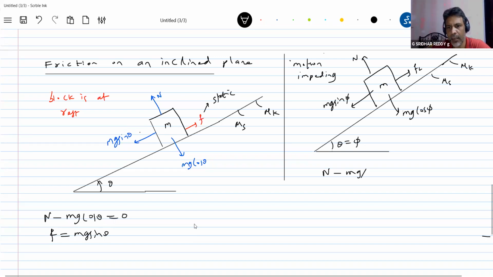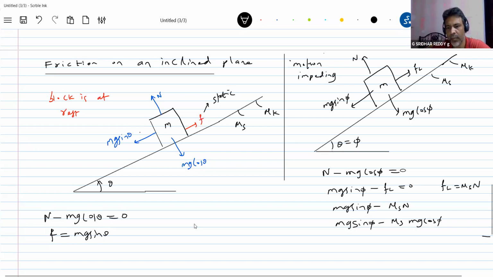N minus mg cos phi equals 0. Then mg sin phi minus fl equals 0. Here fl is equal to mu s N. So mg sin phi equals mu s times mg cos phi.